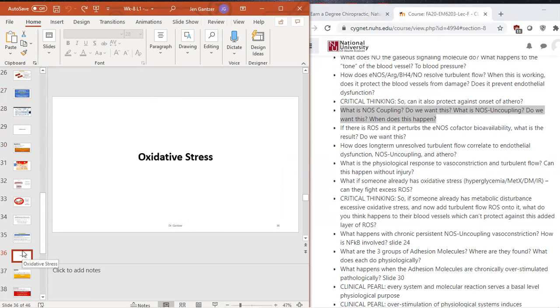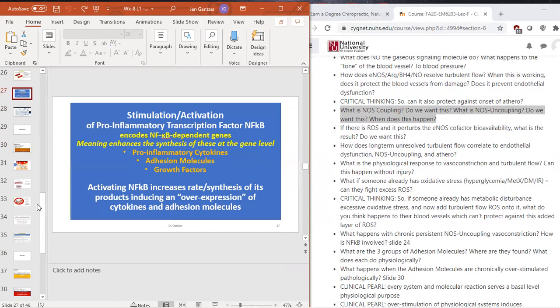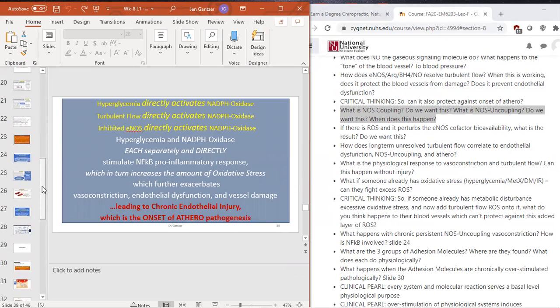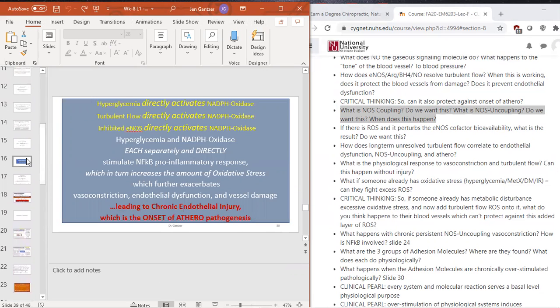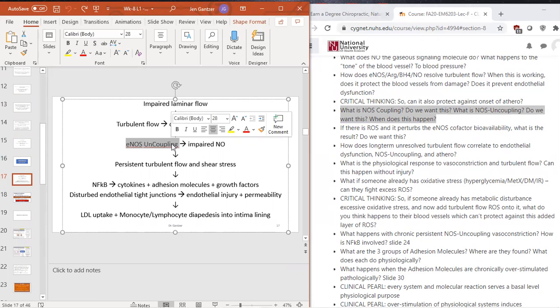When we have the opposite, which is NOS uncoupling, eNOS uncoupling, the uncoupling is exactly what it sounds like. That's when you do not have BH4 and/or arginine, and what you do not get is nitric oxide.